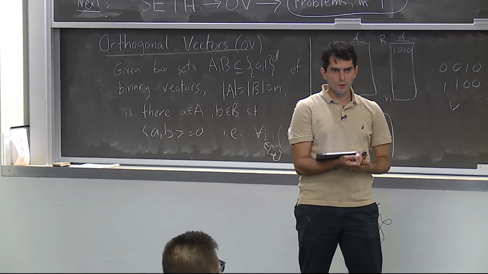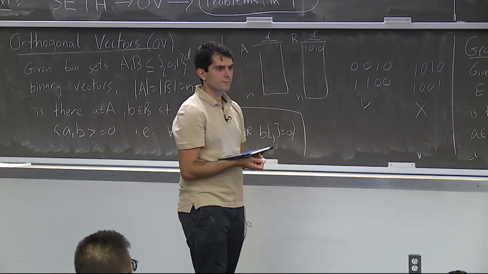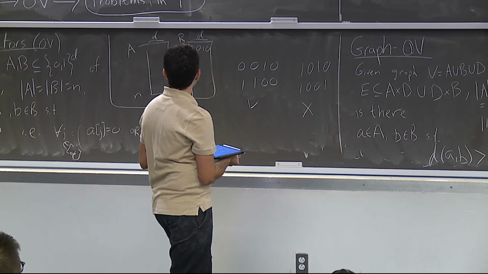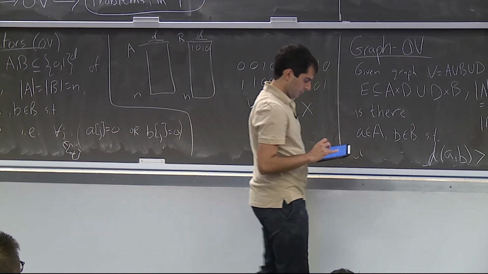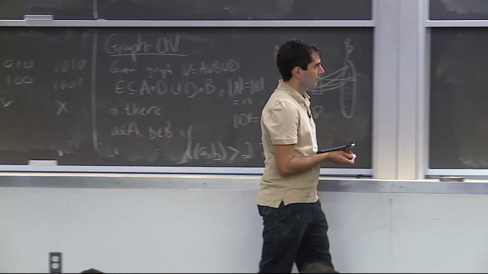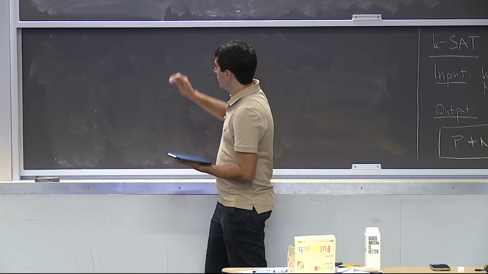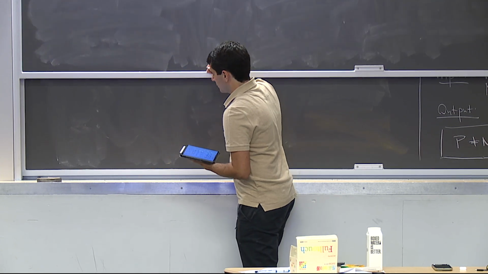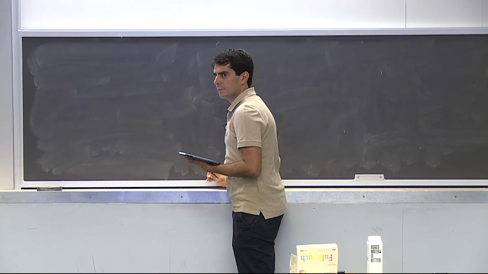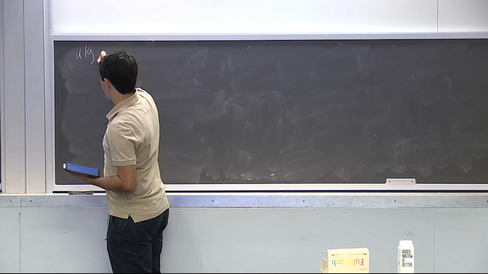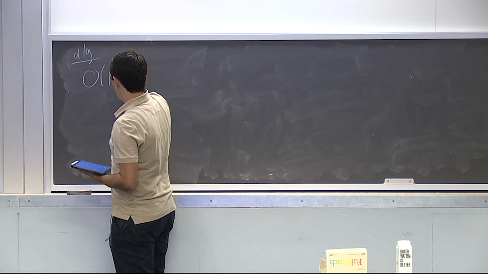Okay, so how do we solve OV? The trivial algorithm is n squared d.